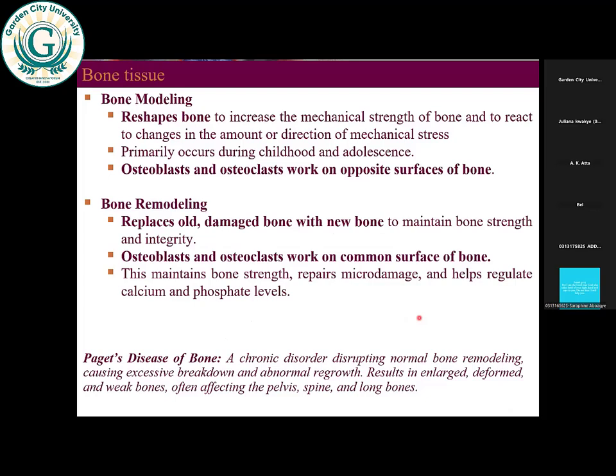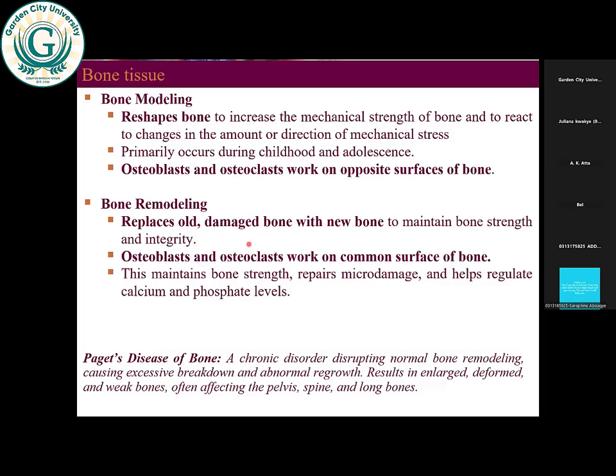Then I also made a point that bone modeling and bone remodeling are going on. In bone remodeling, your old bones are being replaced by new bone cells.